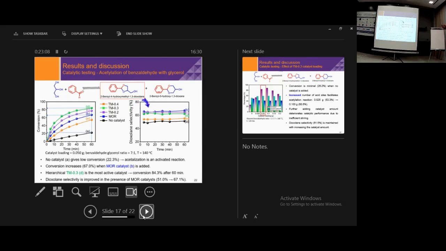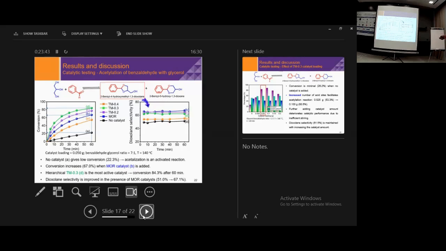Next, we will see the catalytic performance of these four samples in acetylation of benzaldehyde with glycerol. We conducted it using 0.05 gram of catalyst with a benzaldehyde to glycerol ratio of 7 to 1, at a temperature of 140 degrees Celsius for 60 minutes. If we did this reaction without catalyst, the conversion is only 22.3%.